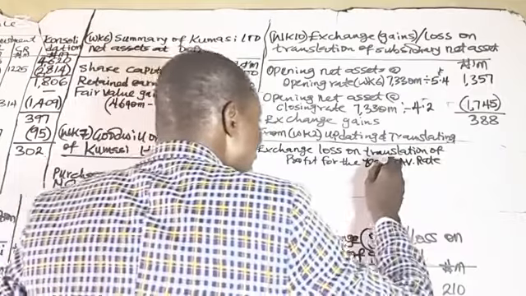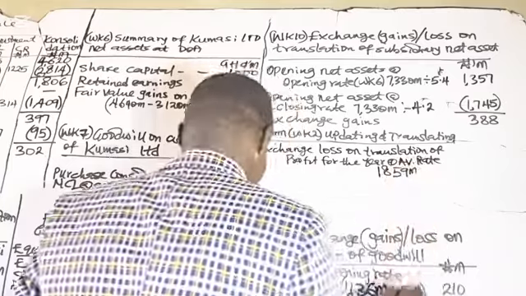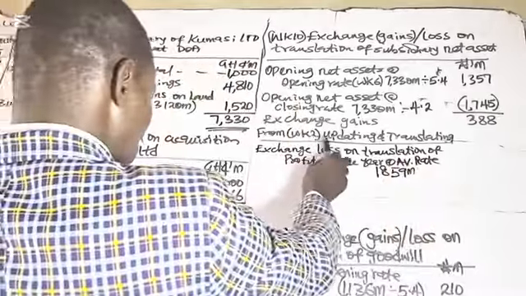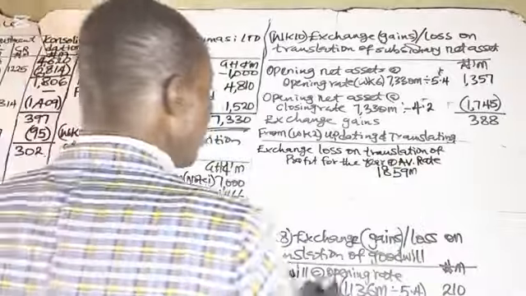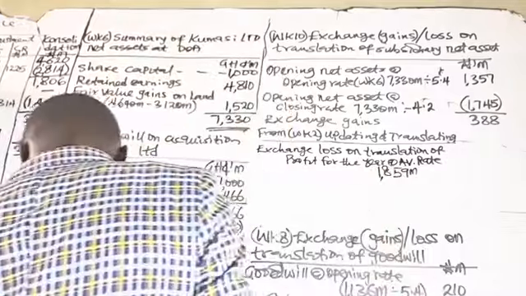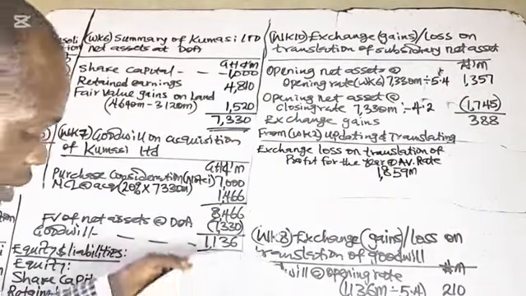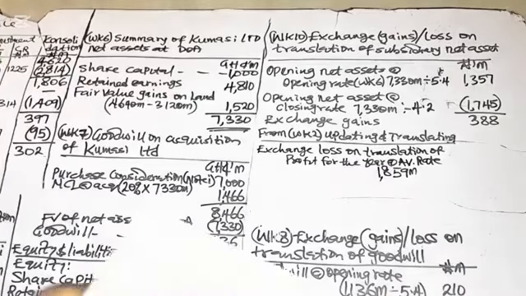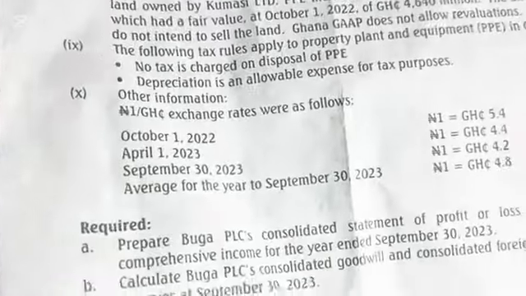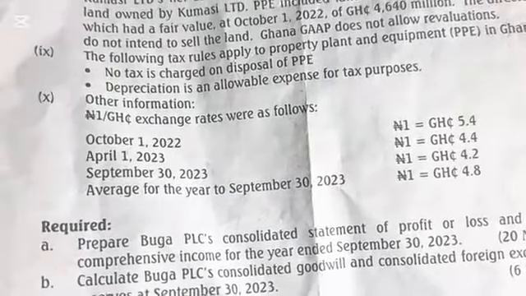You know, we got 1,859 as the profit for the year from working number 2. So the average exchange rate is given to be 4.8, average for the year to September 30, 2023.